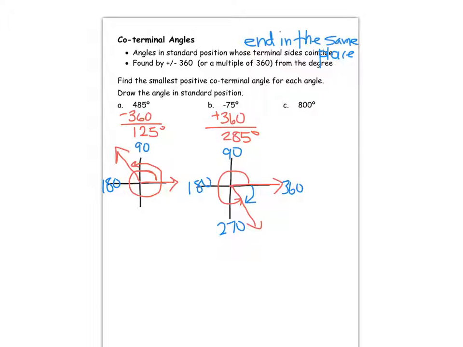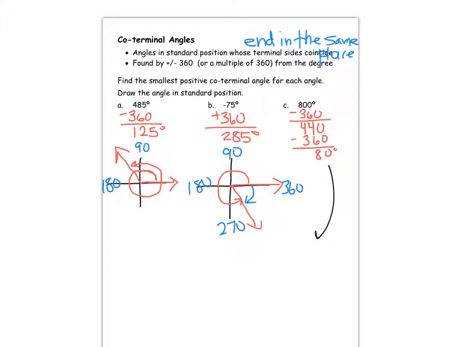Okay, last one, and I hardly have space for it over here, 800. If I take away a circle, then I still have 440 degrees. Oh, so this one needs another circle taken away, another lap, which leaves me with 80 degrees.